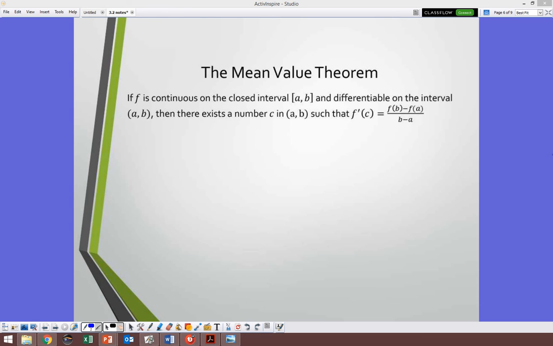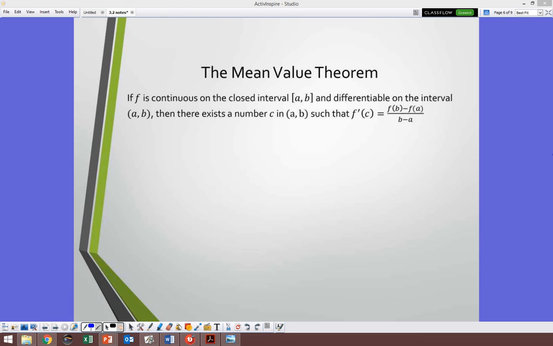It might at some points be greater than, it might at some points be less than, but the average of the slope is going to be somewhere in there. So you're basically using your endpoints to find the average, and instead of setting it equal to 0, set it equal to the average. You're trying to find your points at which you're equal to the average. Does that make sense?